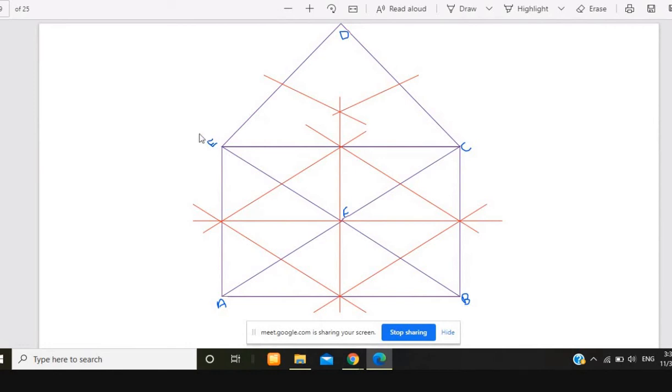The area influencing the station E will be within the square section plus within this equilateral section. Similarly for C also, and for the station F, this whole center area will be influencing the station F. Okay, so we have 6 rain gauges, so the areas we have to calculate will also be 6.